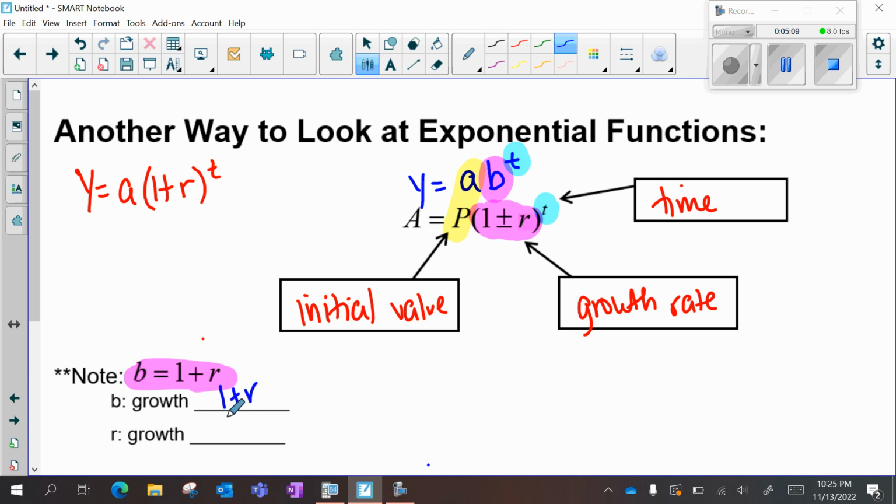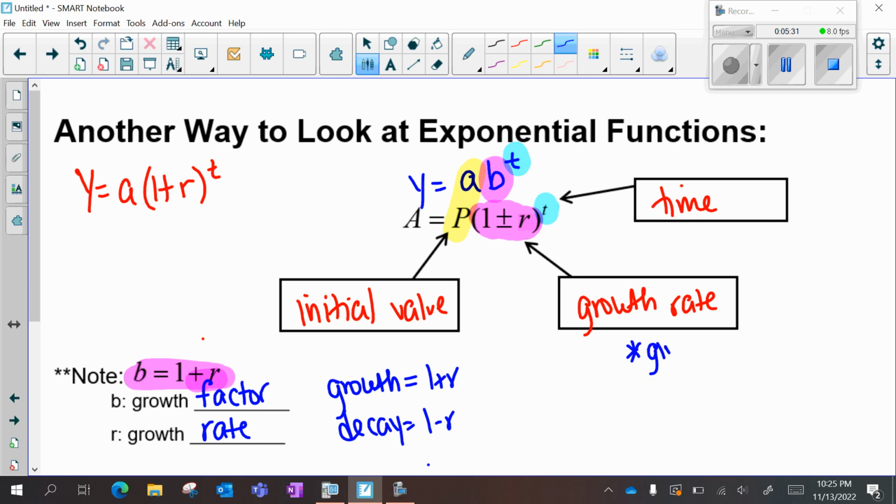If it is decay, it's going to be 1 minus r. B is my growth factor, and r is my growth rate. And rate is usually given as a percentage, but put in the formula as a decimal.